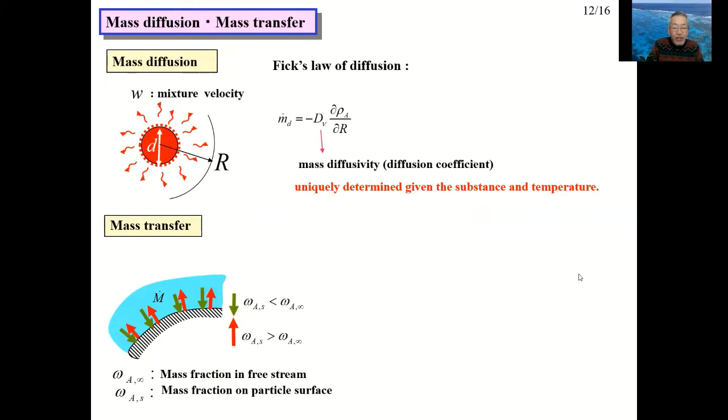The mass diffusivity ν is a physical property of the substance, and so it is uniquely determined by the substance. Since there are multiple species in one substance, a subscript A is attached to the density symbol ρ to indicate the specific species.